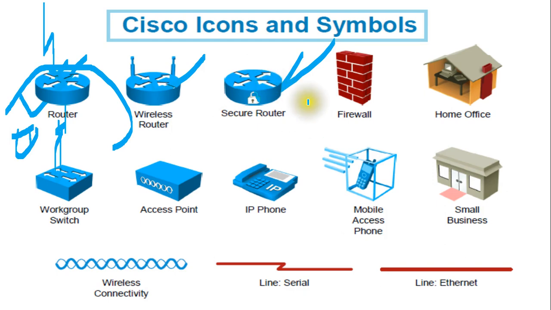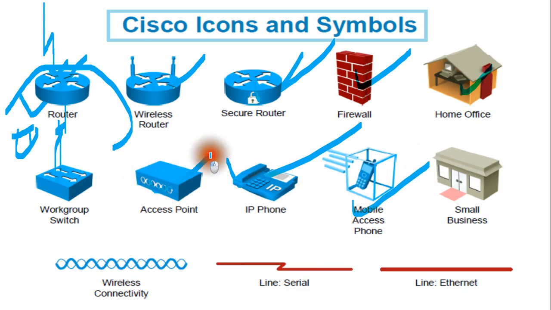And firewall for security purposes, home office, these are the icons, telephone, mobile access and access point, and workgroup switches. Cabling, you should know very well which cable you need to connect. Like if it is router to router, then you need to use a serial connection. And let me move on. So you should have the basic idea.